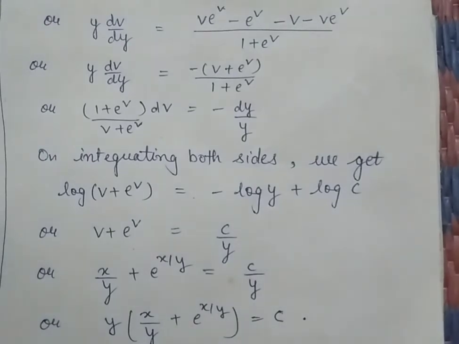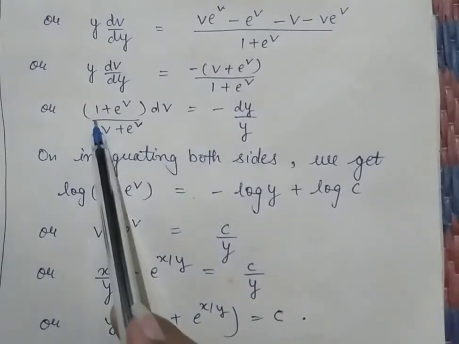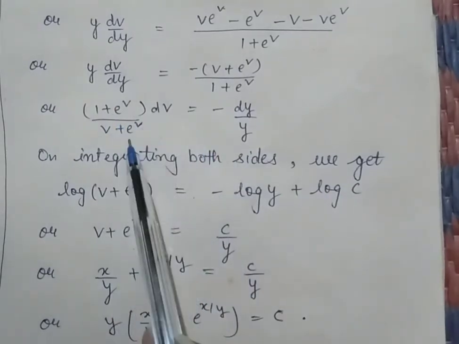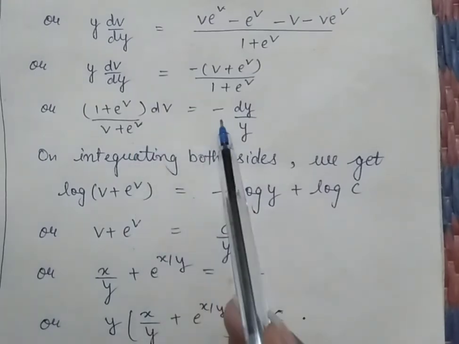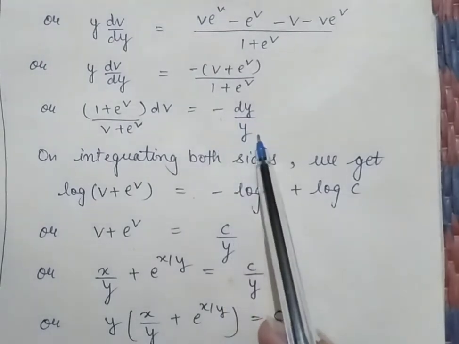Now I take v and dv on one side of the equation and y and dy on the other side and then integrate both sides. So this becomes (1 plus e raised to the power v) dv divided by (v plus e raised to the power v) equal to minus dy by y.